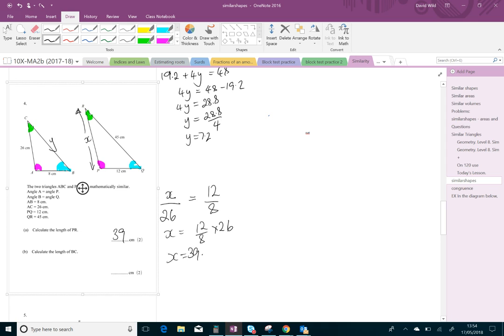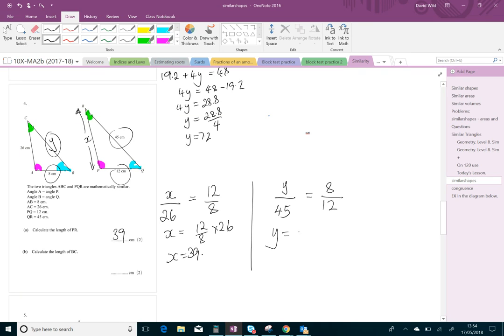Now calculate the length of BC. So that's this one, y, BC. So we're going to do the same thing again. This time we'll do small over big. So we've got our small divided by our big is equal to small 8 over 12. Small over big.